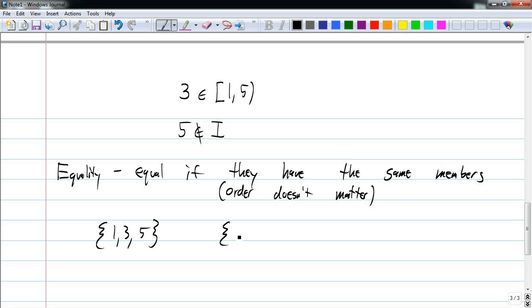And let's look at the set 5, 1, and 3. Do these two sets have the same members? If they do, they are equal. And these are. If one set has different members, and it's just got to have one member that is different, or one member that the other doesn't have, then the sets are not equal. So for equality, the sets have to have the same members.